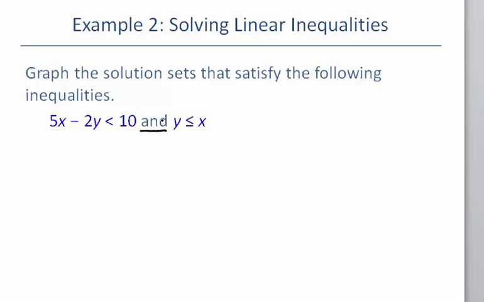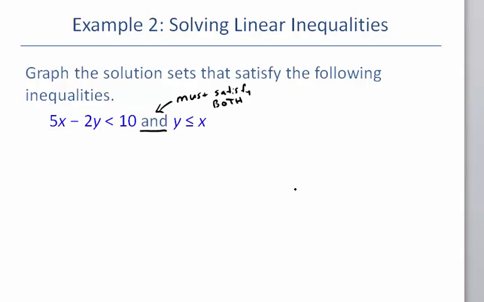The word "and" in a linear inequality means that a solution set needs to satisfy both inequalities. So we're going to begin by graphing both of our inequalities.